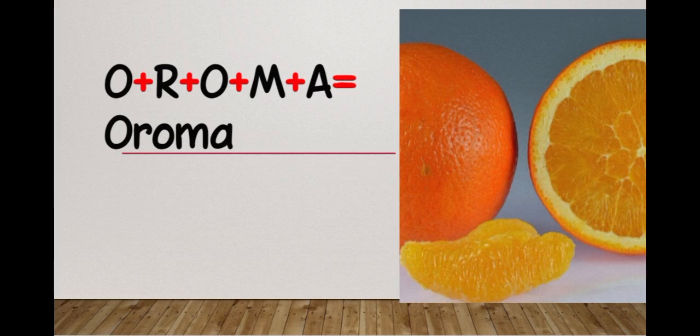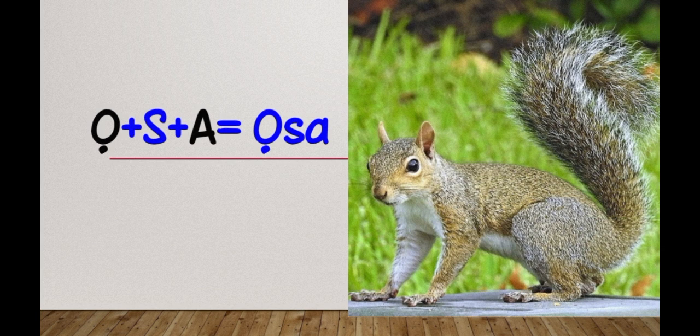Na nke ọzọ, the vowel Ụdaume Igbo. How do you form word with it? I nwere ọsa, which is a squirrel. Ọsa. Nke ọzọ the vowel Ụdaume Igbo.